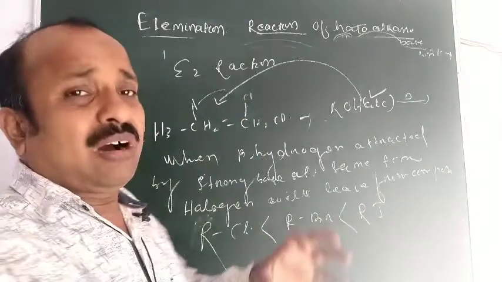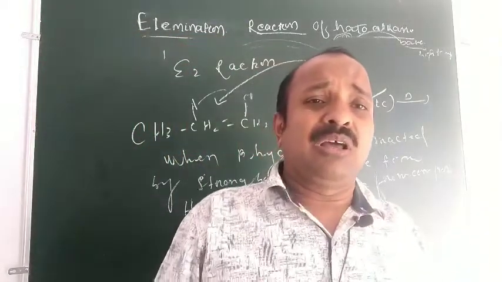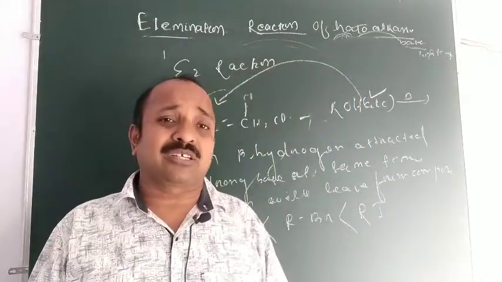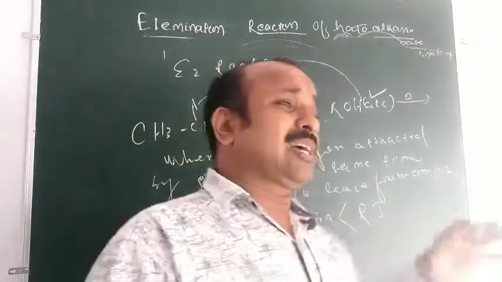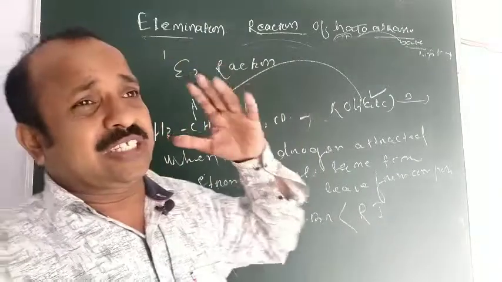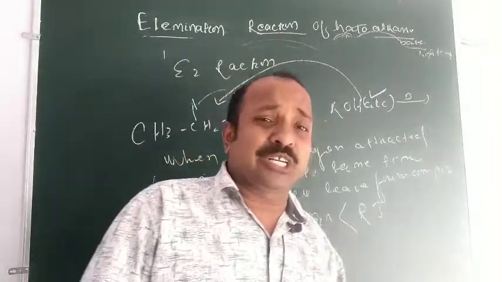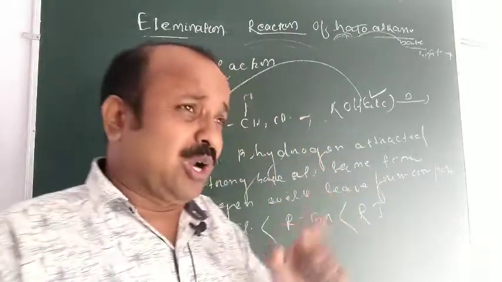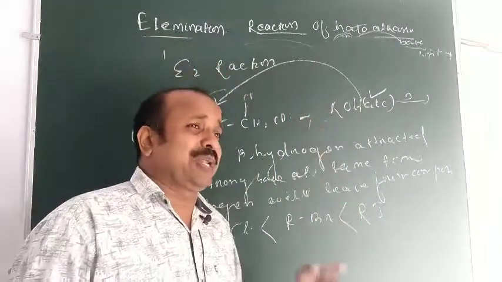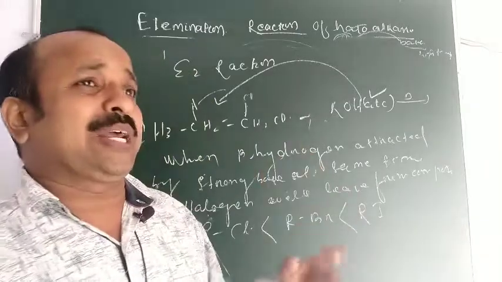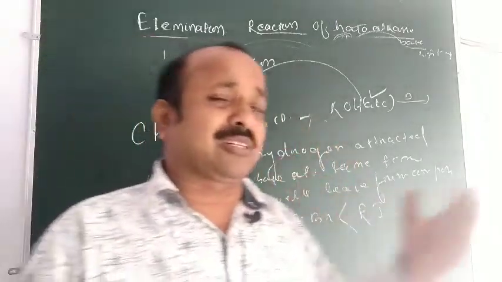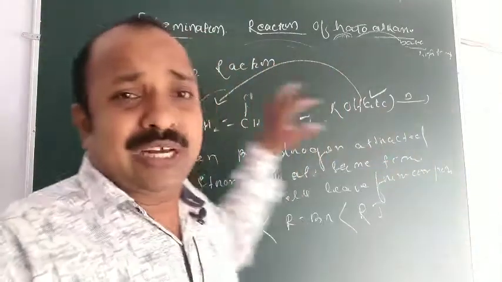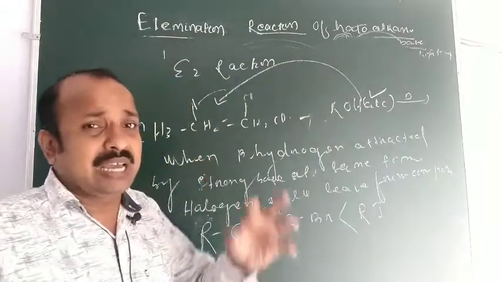Okay, this is all about the elimination reaction. Elimination reaction in haloalkane is the same as the nucleophilic substitution reaction, but with a very small difference, that is the temperature. In nucleophilic substitution the reagent acts as a nucleophile, whereas in the elimination reaction it acts as a base.